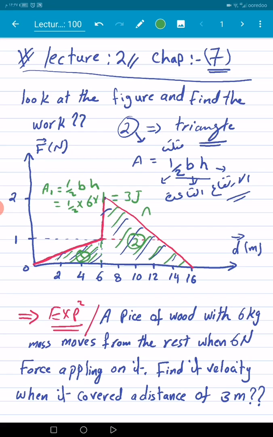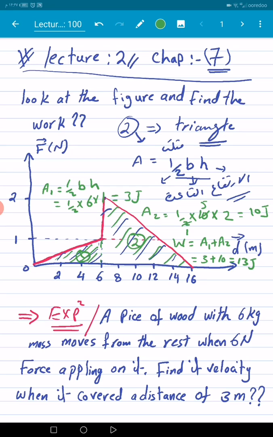Number 2, A2 is equal to half base, here from 6 to 16, so that means 10, multiplied by height 2, so it's equal to 10 joule. So the work done is equal to area 1 plus area 2, so 3 plus 10 is equal to 13 joule. That is the answer of the first example.